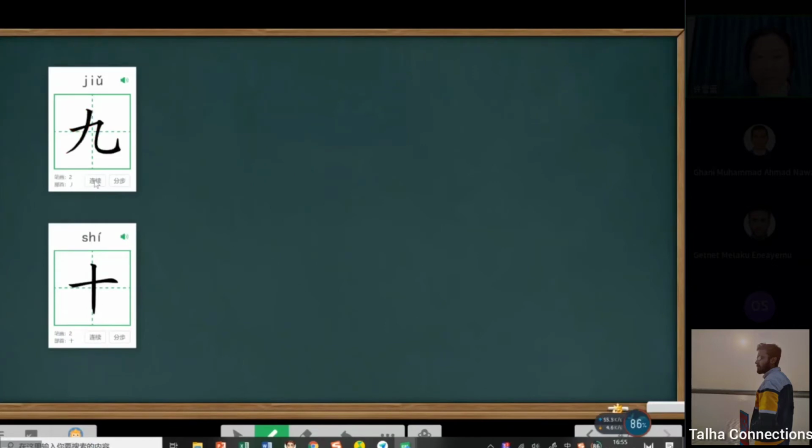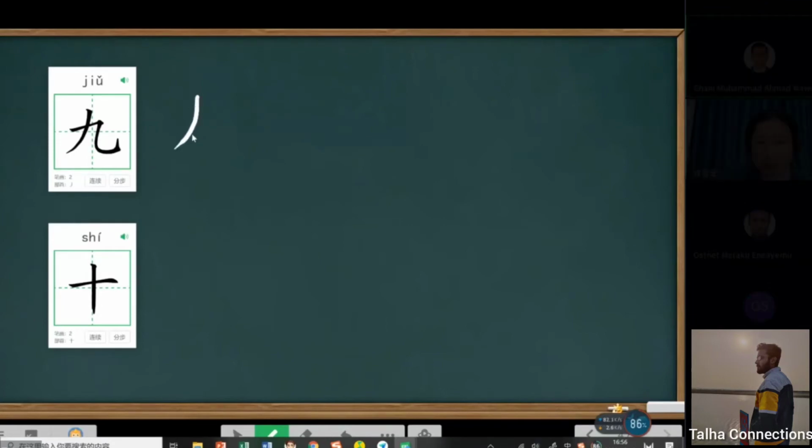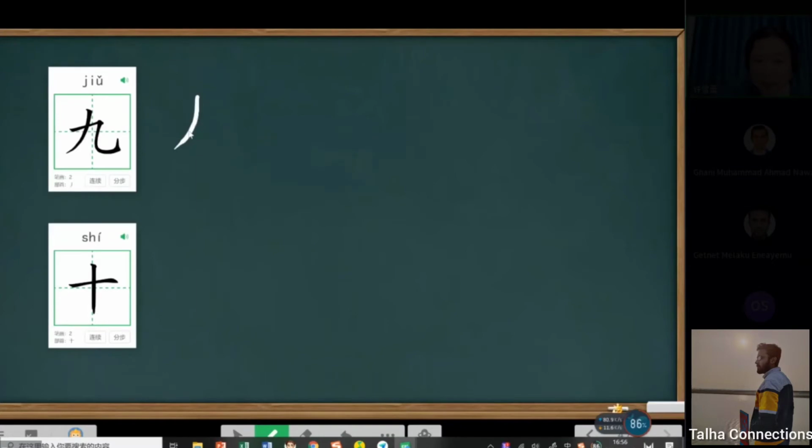Again. Now, the first stroke: you start it and then raise the tip of the pen.